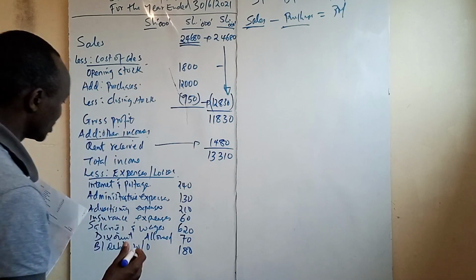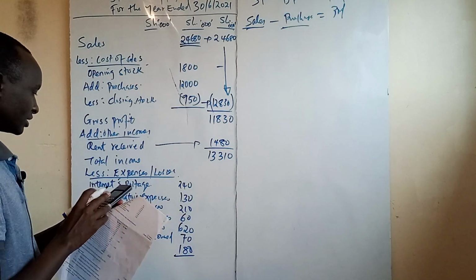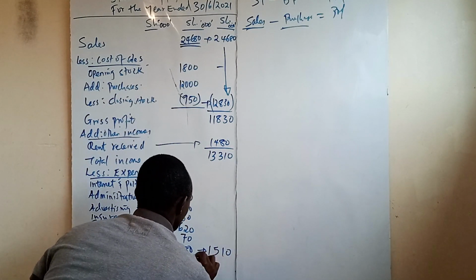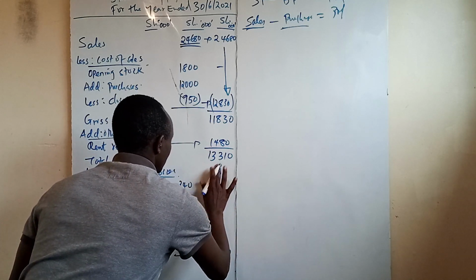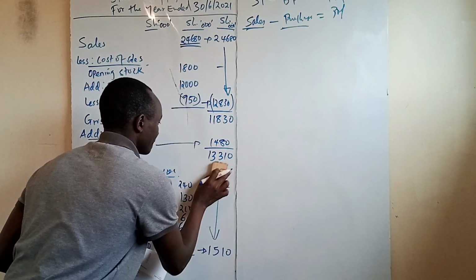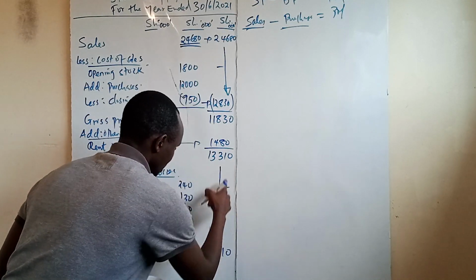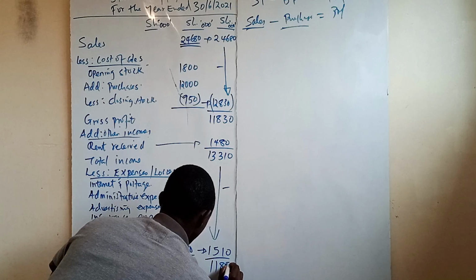I think that is all about the expenses that we have for Ujenzi Traders. You get a total of 1510. You take it to this other side, and then you less. So you're going to say 1330. The figure is 11,800.